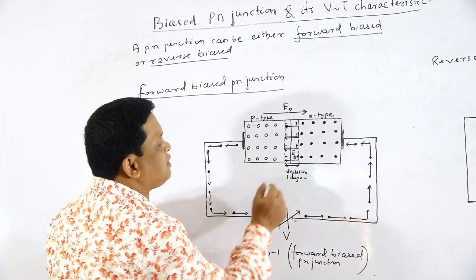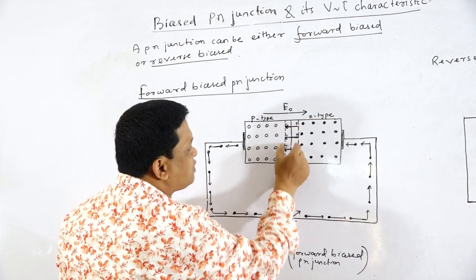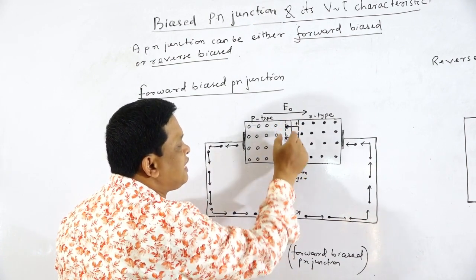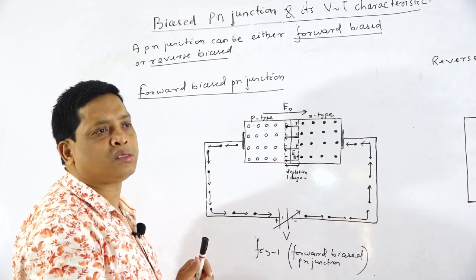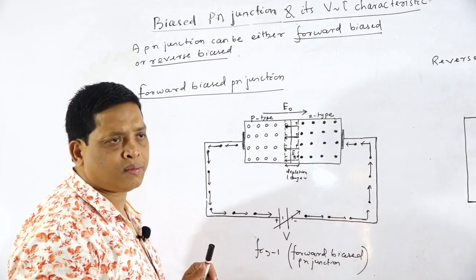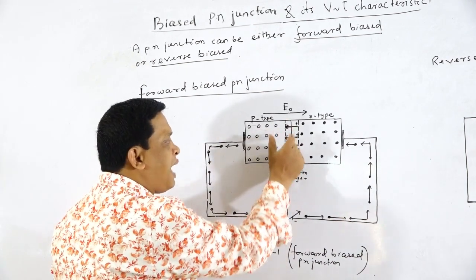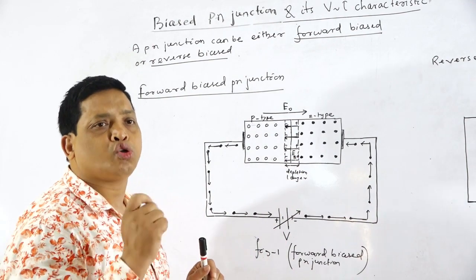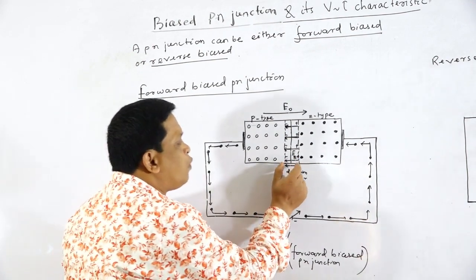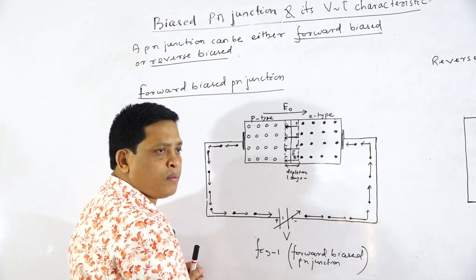As a result, the net electric field across the P.N. junction decreases. The potential barrier across the P.N. junction decreases. So the width of the depletion layer decreases.